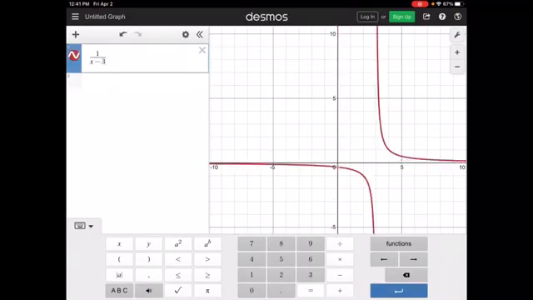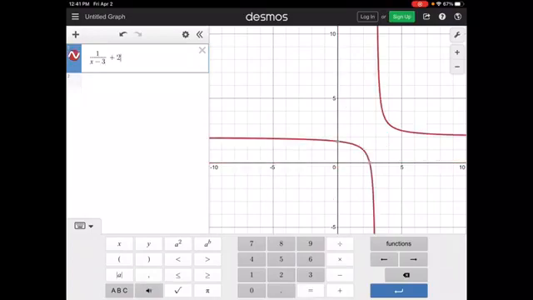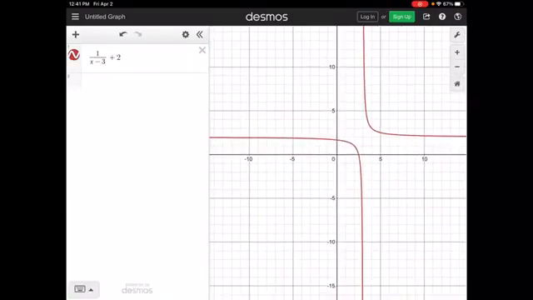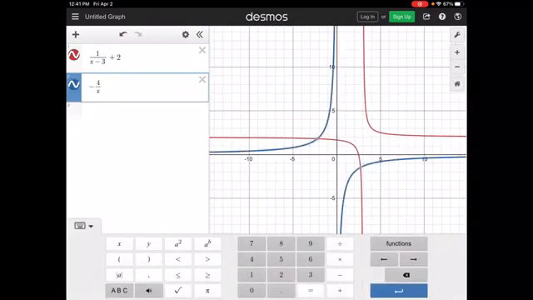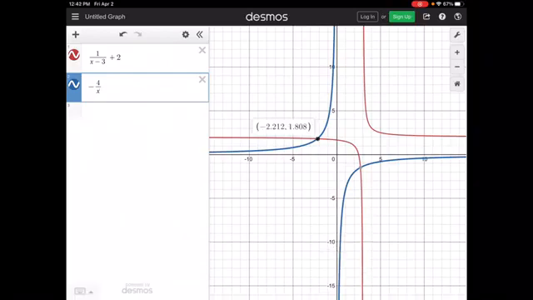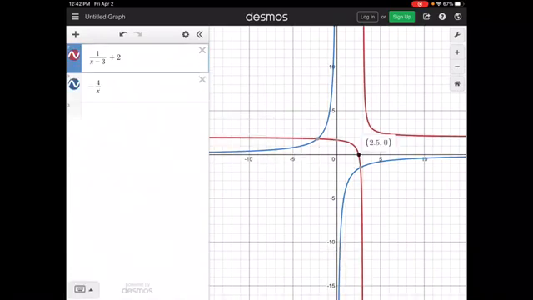If you want to go to Desmos or grab a graphing calculator, you can check to make sure you graphed your problems correctly. So the red one is our original problem, number 1, and the blue is our number 2 problem. You can go ahead and check those, even find points along it. Make sure you're good to go.